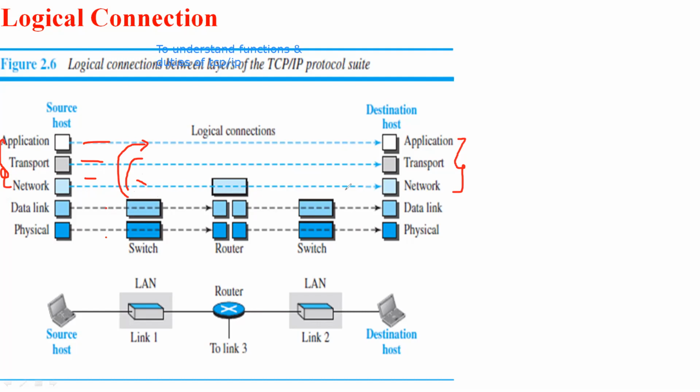Since the switch is not involved with the network, transport and application layers, the top three layers of the TCP/IP protocol, the data units of the top three layers should not change.